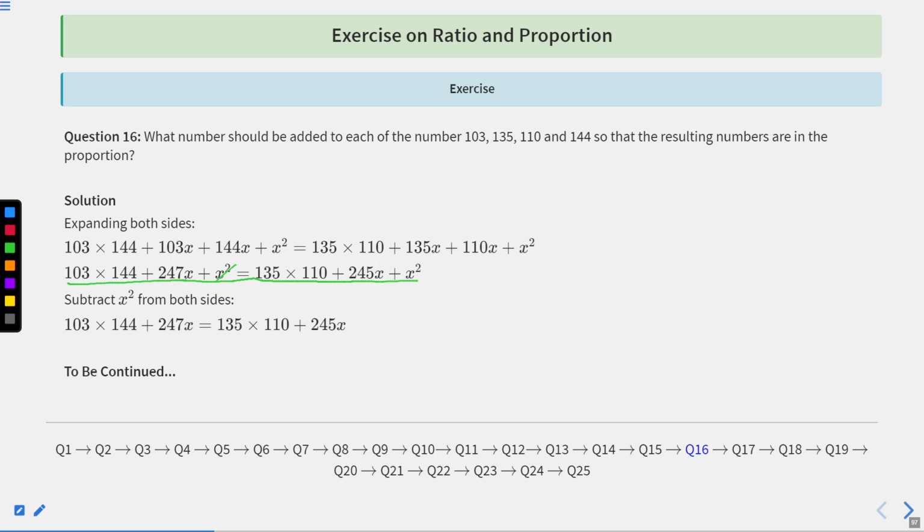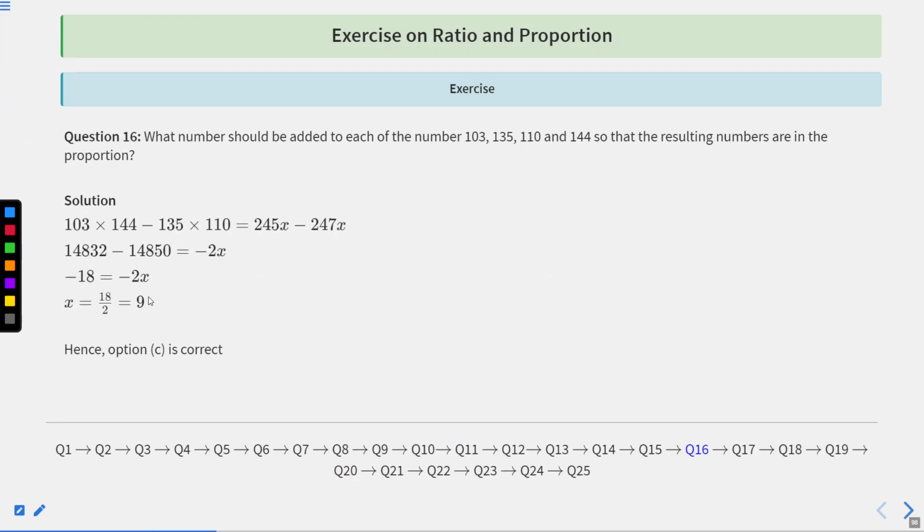X square and x square get cancelled, so further simplification is required here. You will get x equal to 9. So that's exactly what we were looking for. So the correct option here is option C.